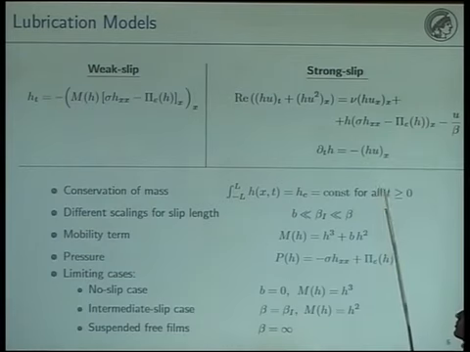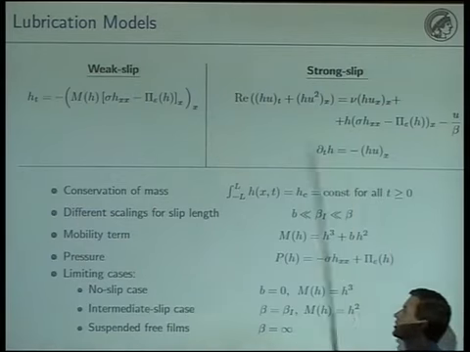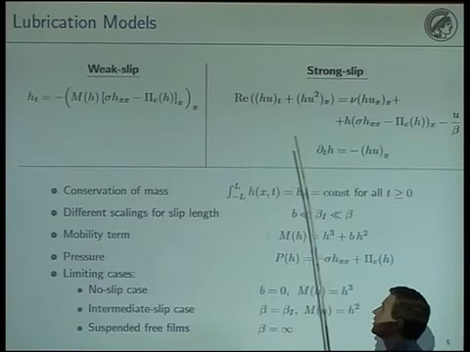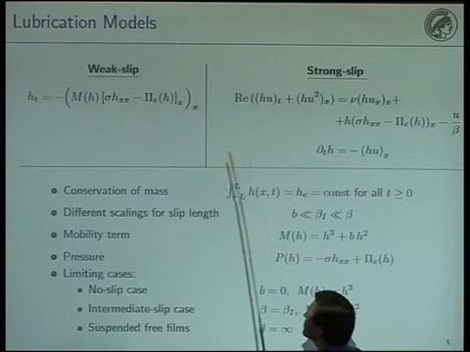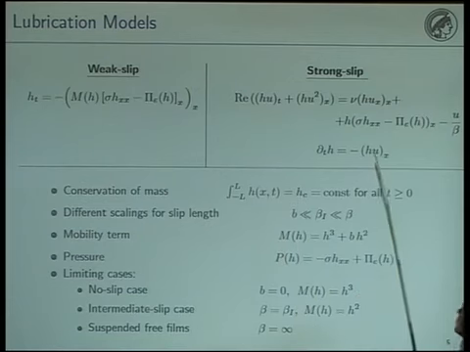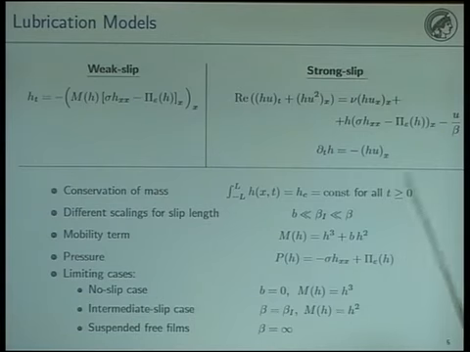They distinguished two main slip regimes. One of them is characterized by a parabolic equation for h, which is well known in this audience, the so-called weak slip regime. And the second model corresponds to the strong slip regime.